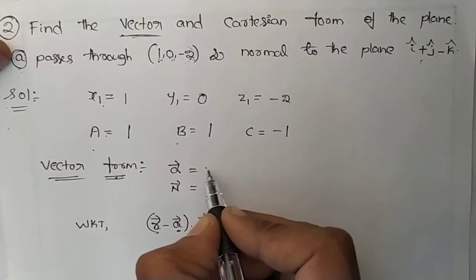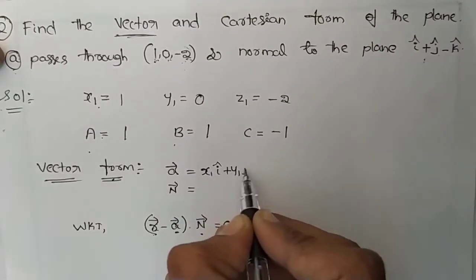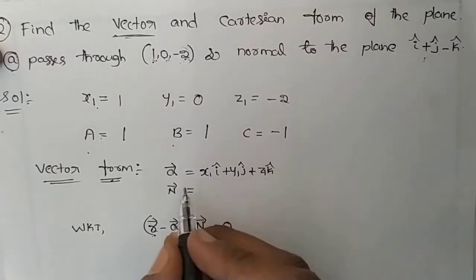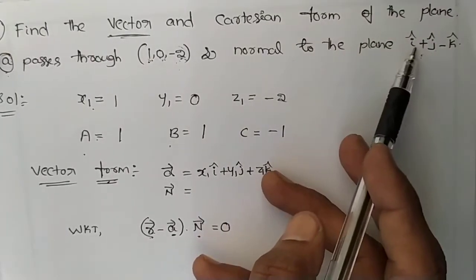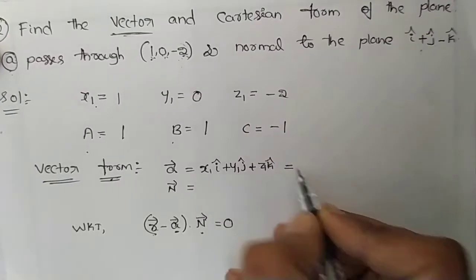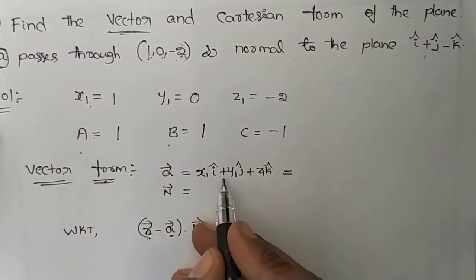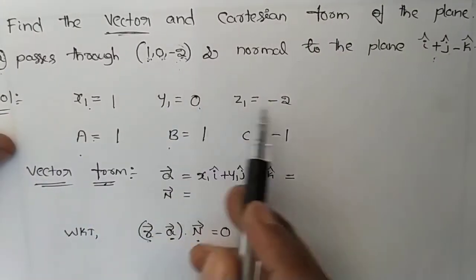The a vector is x1 i plus y1 j plus z1 k. The n vector is the normal to the plane, i cap plus j cap minus k cap. Okay, let us find the a vector. The a vector is nothing but x1 i plus y1 j plus z1 k, where x1, y1, z1 is 1, 0, minus 2.